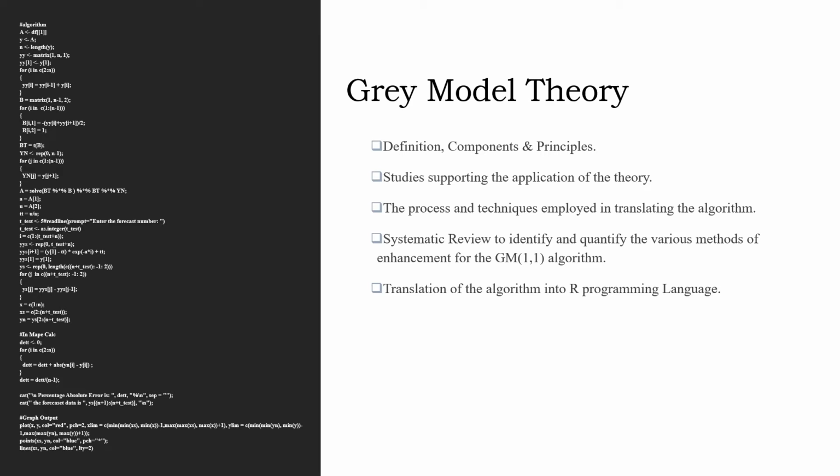One of those include Chang in 2019, who applied an algorithm named EPGM11, which is an enhanced version of the gray forecasting model, to overcome the weakening of the latest datum problem with the traditional gray model GM11. So the EPGM11 was created using an alternative method for calculating the background value.